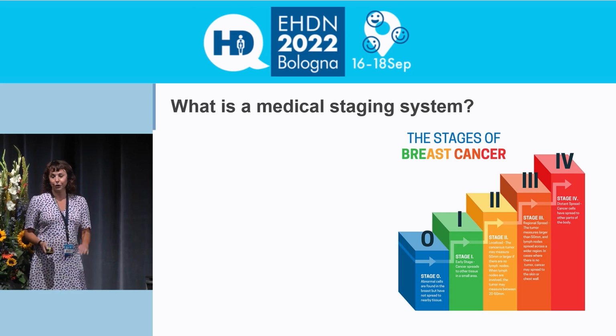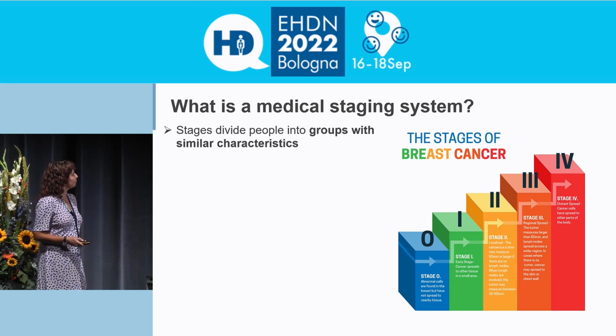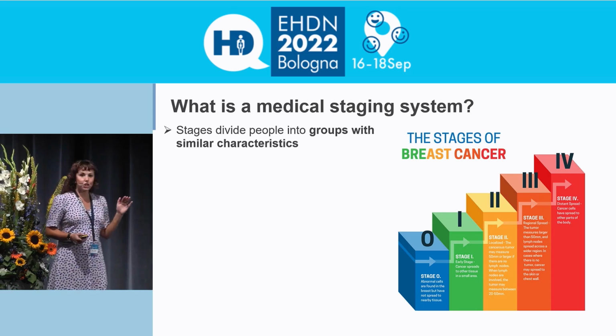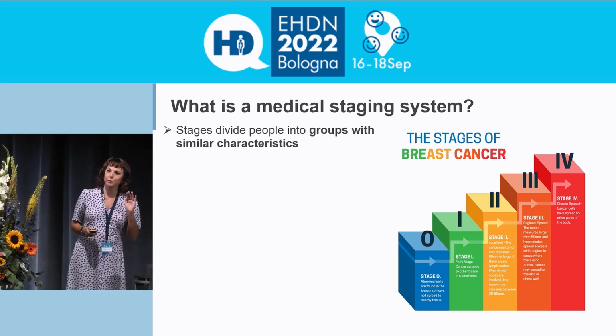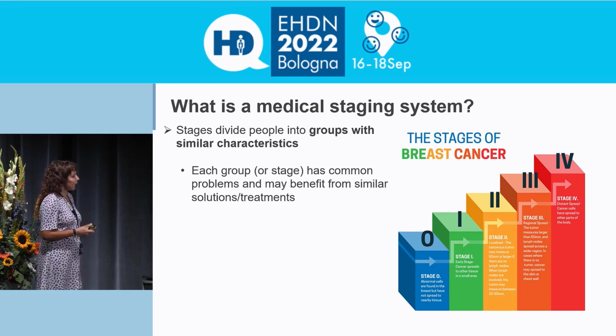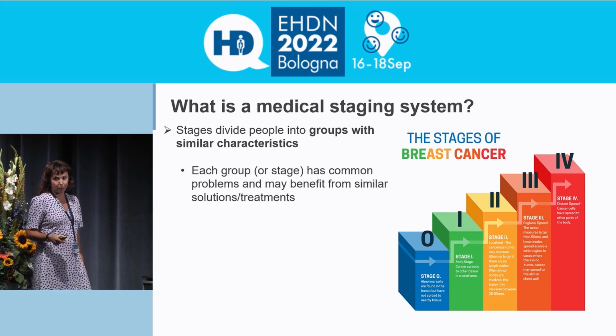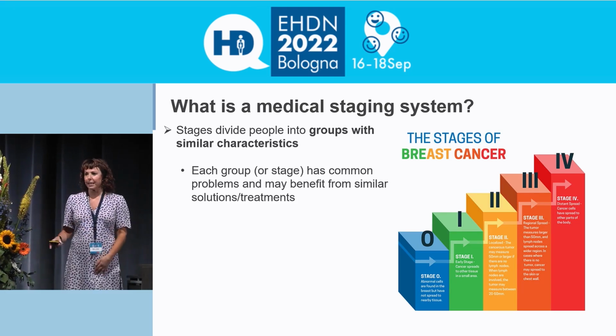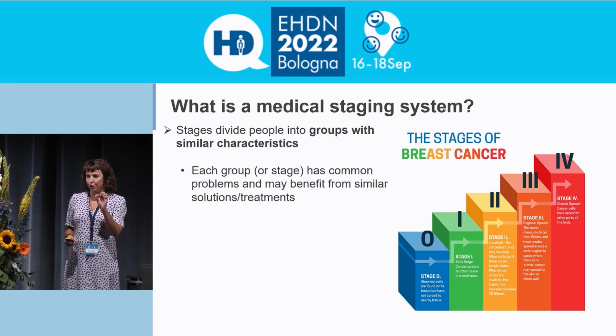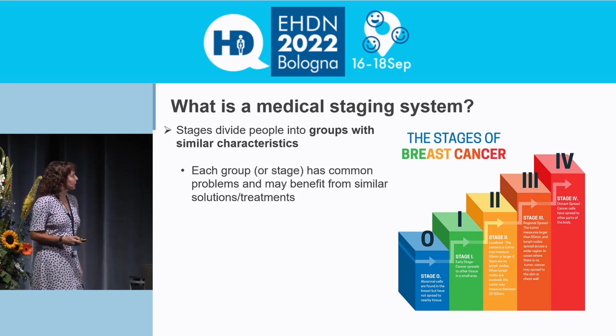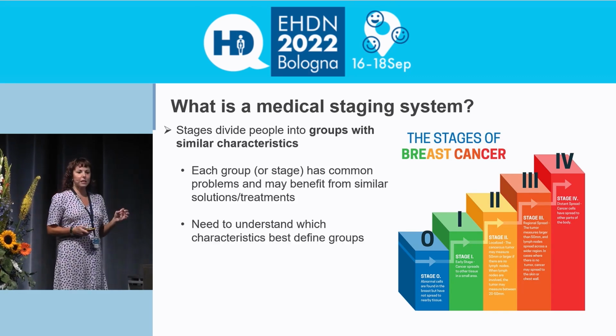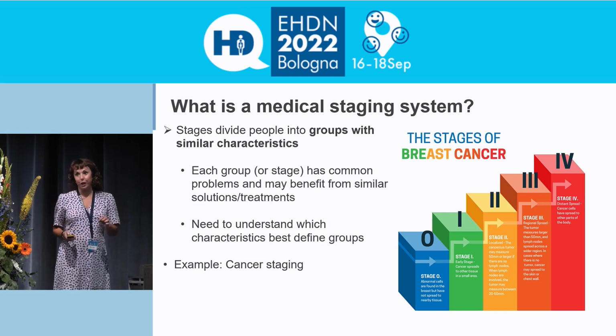Cancers are all using the same staging system. The stages divide people into groups with similar characteristics, and each group has a common problem, and a therapeutic is aimed at that common problem. So you have therapeutics for stages. And you need to understand which characteristics best define your group.